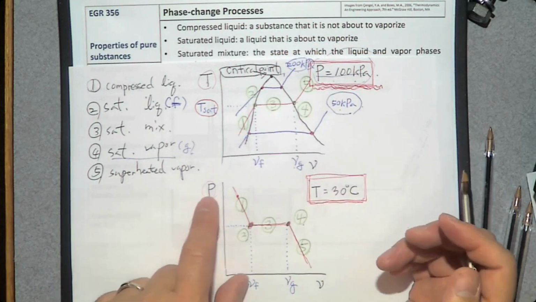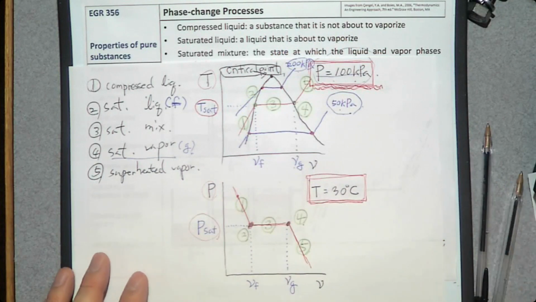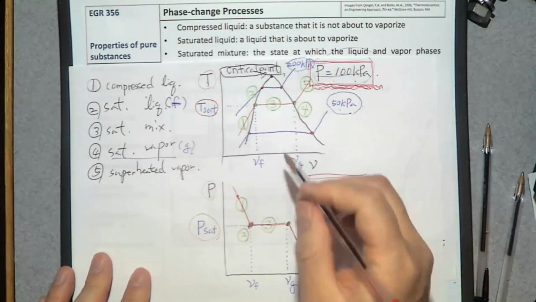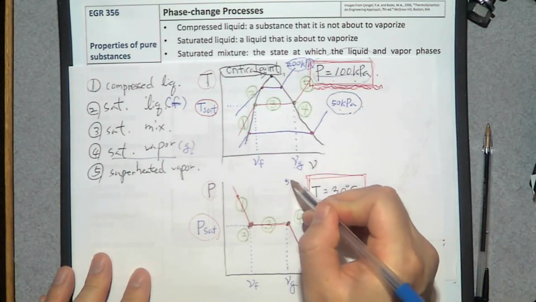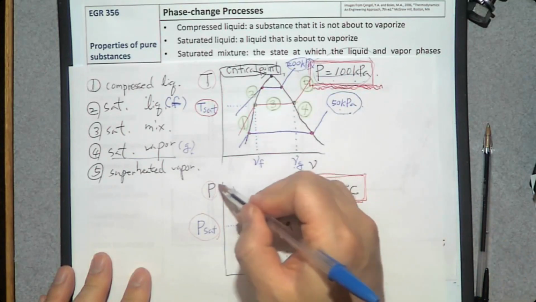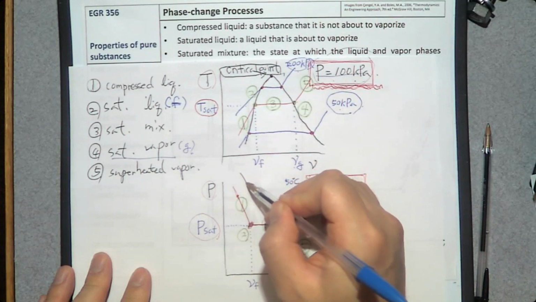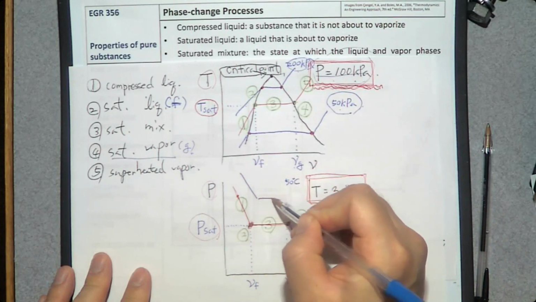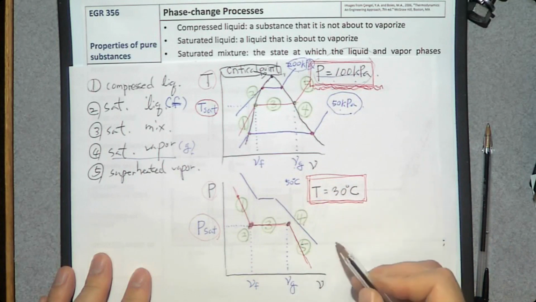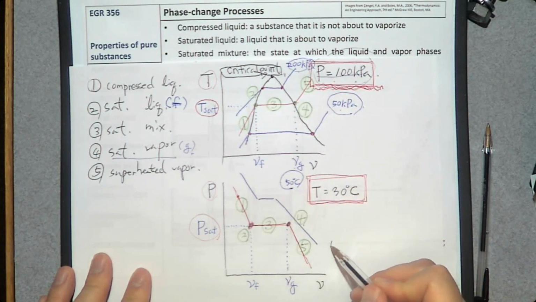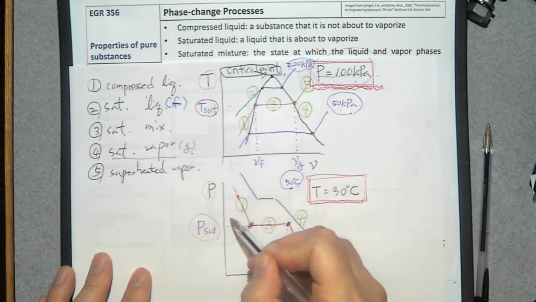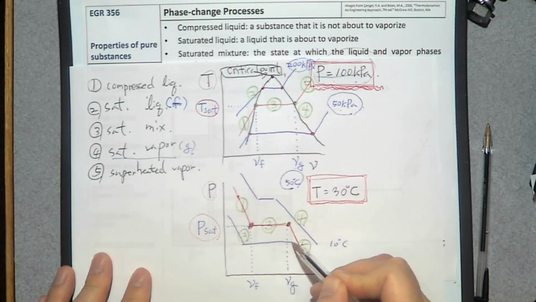Similarly, on this PV diagram, if you increase the temperature, let's say to 50 degrees Celsius, then this PV diagram moves upward. So this one is 50 degrees Celsius. If you decrease the temperature, then it moves downward.